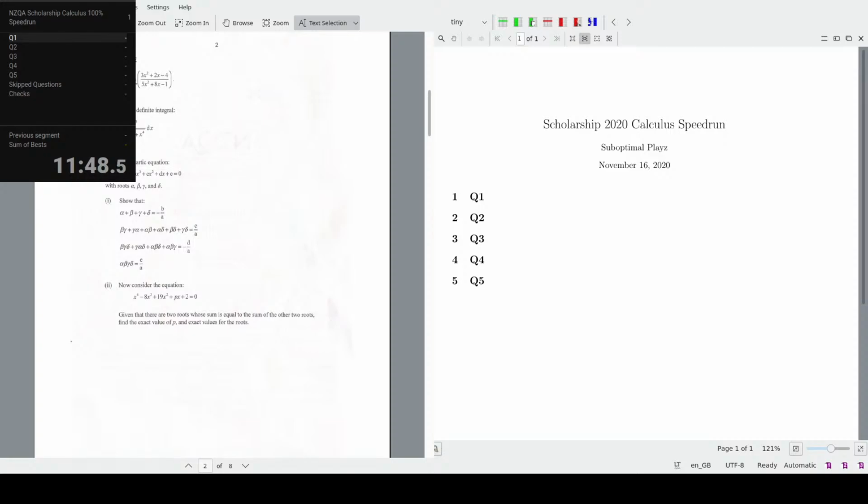1, 13, 2. Solve. Yeah, that has horrible solutions. I wouldn't put it past NZQA to have horrible solutions though. Okay, right, fine.